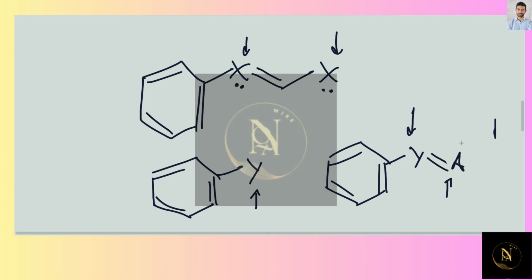Just put an A there. A lone pair here won't help, right? So we need a lone pair neighboring the ring or neighboring the conjugated bond that's conjugated to the ring to be donating through resonance.